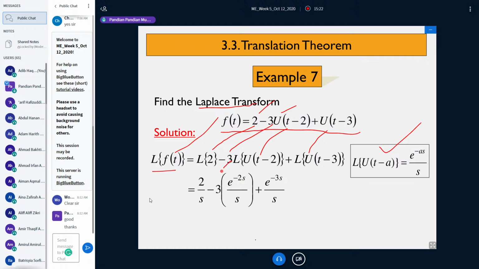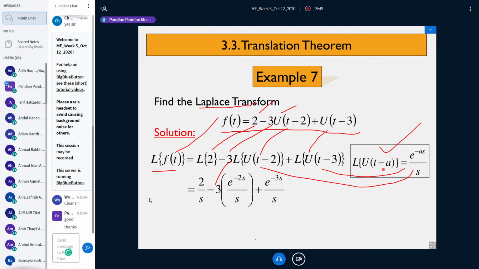Minus 3, you take out minus 3. Laplace of u(t-2), straight away you apply this formula. You substitute a is 2. So e power minus 2s divided by s. And then Laplace of u(t-3), again you must use this formula.